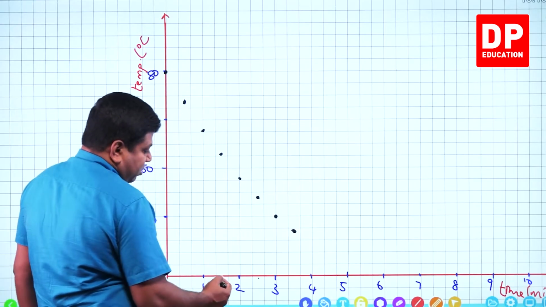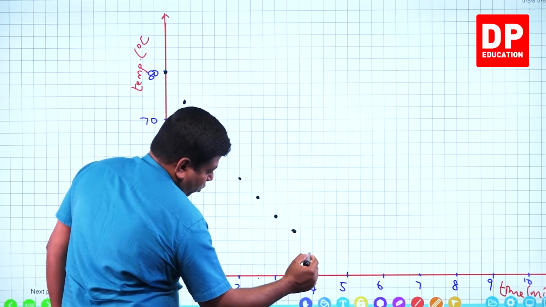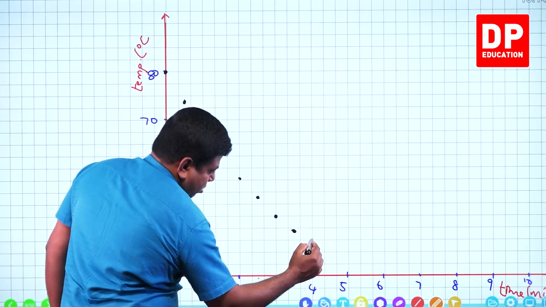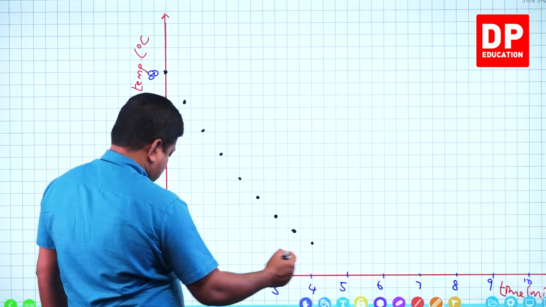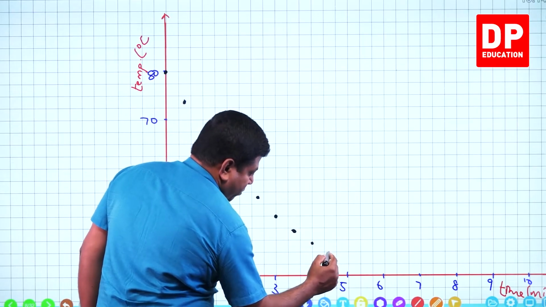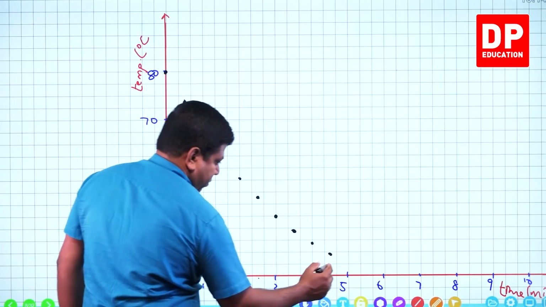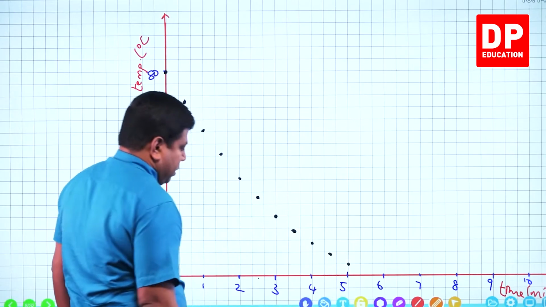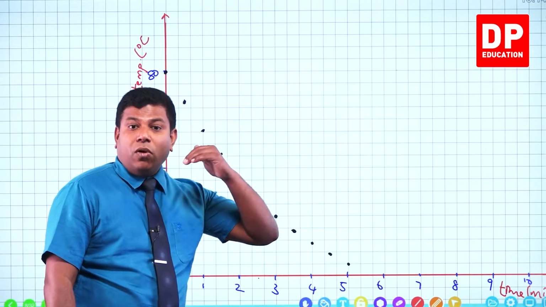Carefully you have to mark the points. 44, 45 is here. 44 has to be a little lower than that. 44, 42. This is 42.5. And then 40. That's how the points are for oil.